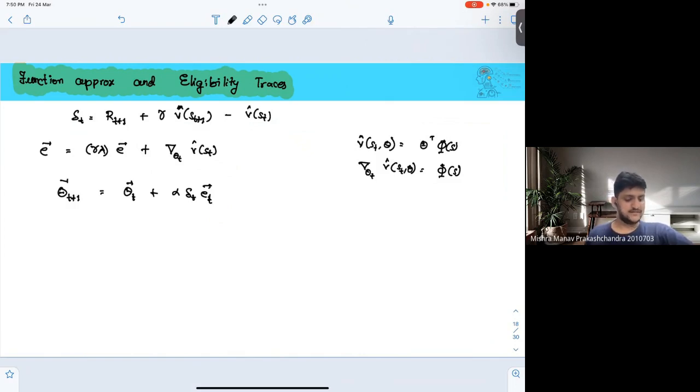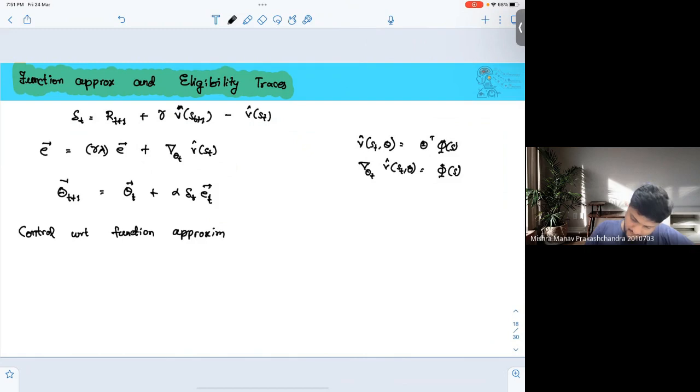Now let's say I want to go for control with function approximation, right? So I want to look at control with respect to function approximation. This is how it should look.